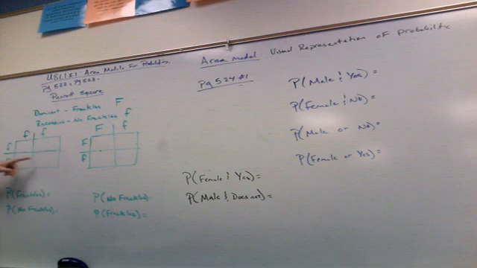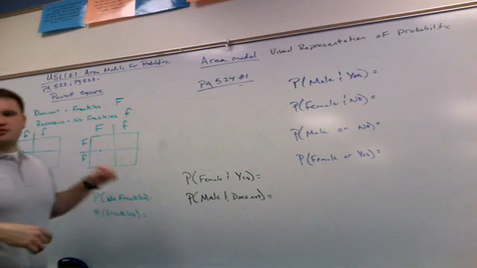Each box on the Punnett square represents what? An offspring, a child. And each combination of letters represents the freckles genes that they are getting. So for this box, what's it going to be?